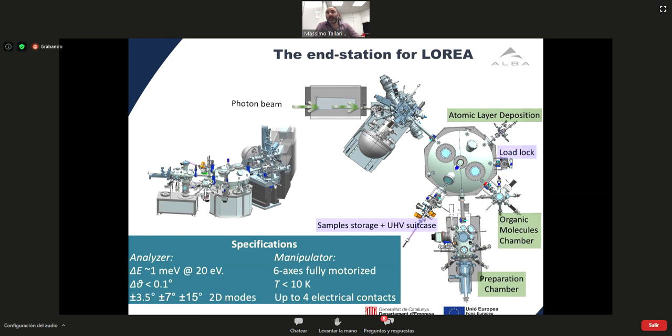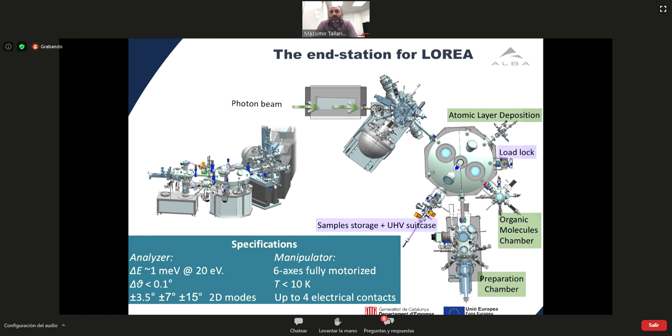This is the main chamber, the analysis chamber, with the analyzer, and here we have a manipulator, a 6-axis fully motorized manipulator with a very low temperature. It is better than 10 K; it reached 7 K. And this is very important for people who want to work also with devices, not only with the materials.